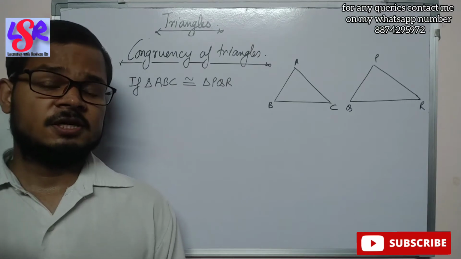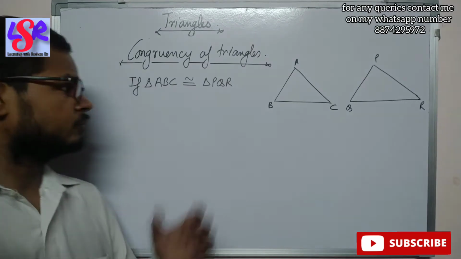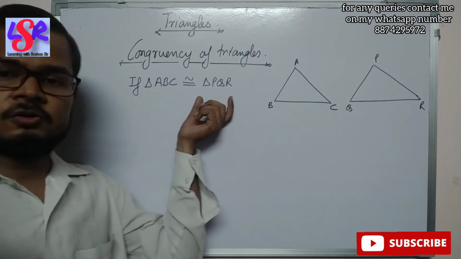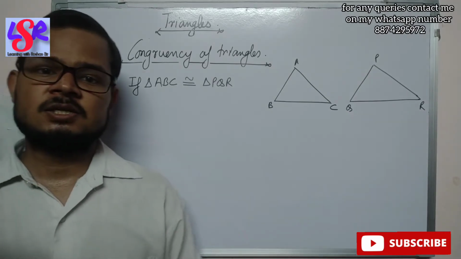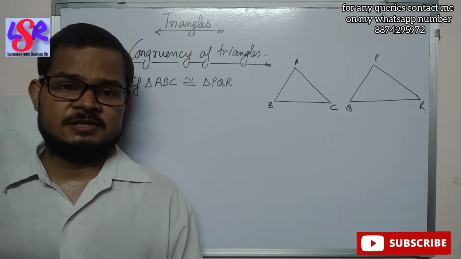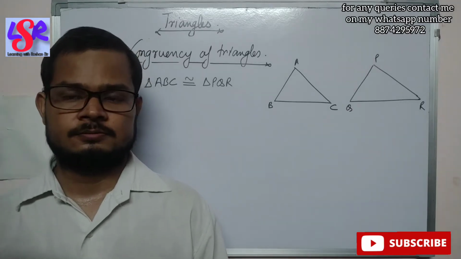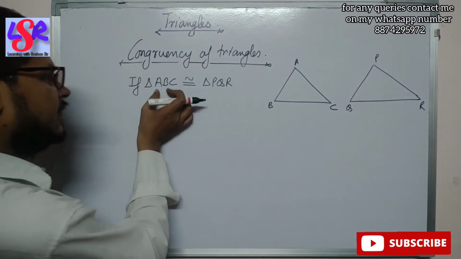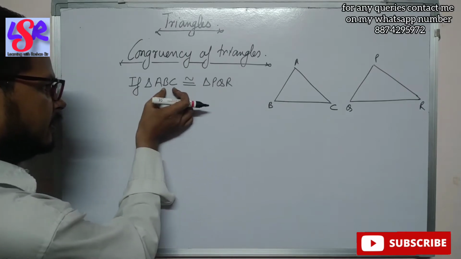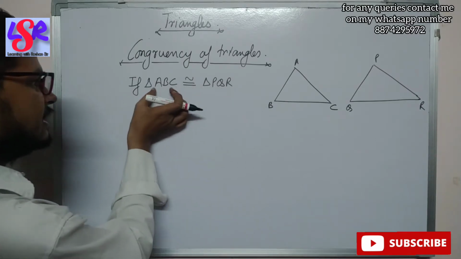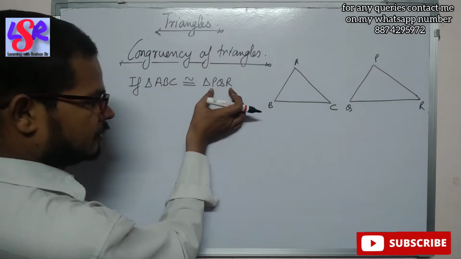If we have been given that two triangles are congruent, suppose we take triangle ABC is congruent to triangle PQR, in that case we get all the corresponding sides and all the corresponding angles equal to each other. Here the corresponding means AB is equal to PQ, BC is equal to QR and AC is equal to PR.